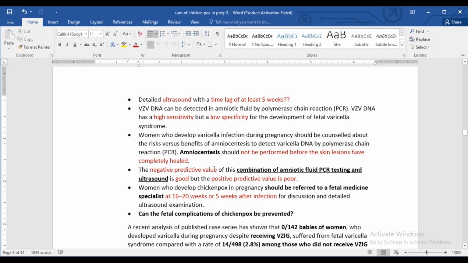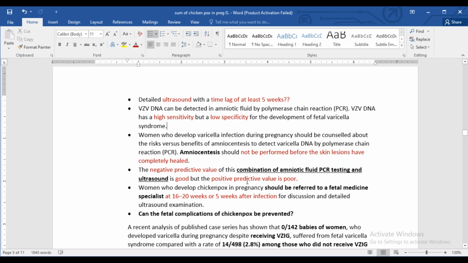And they found also this in the studies. I know it's a depressing word, it's not a good one, I don't like it. The combination of the amniotic fluid PCR and the ultrasound together has a good negative predictive value, but a poor positive predictive value.